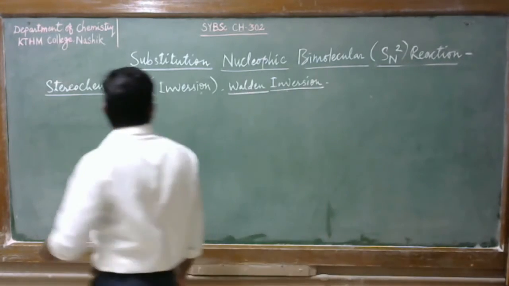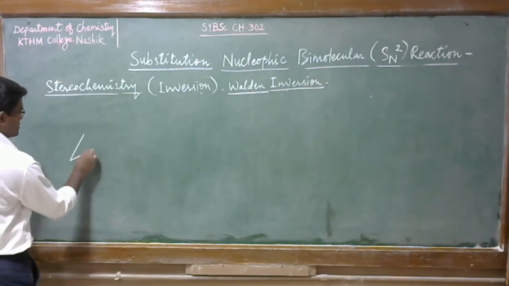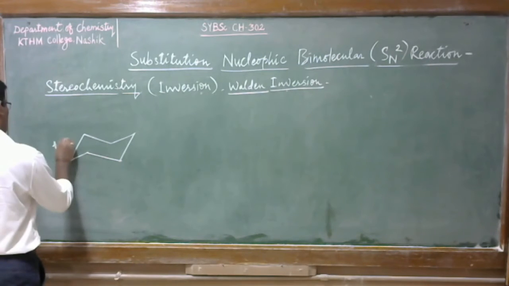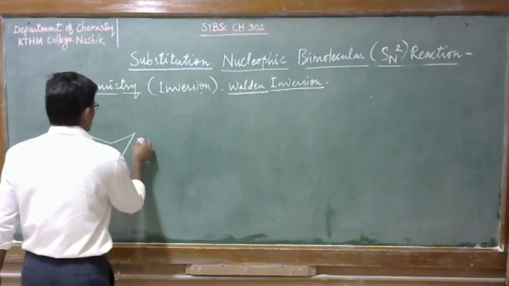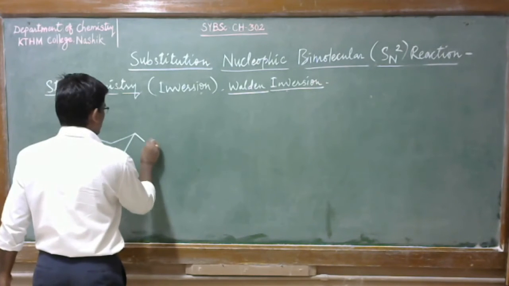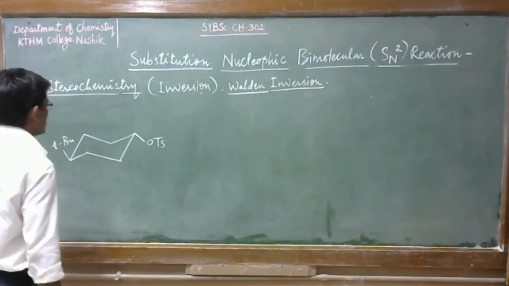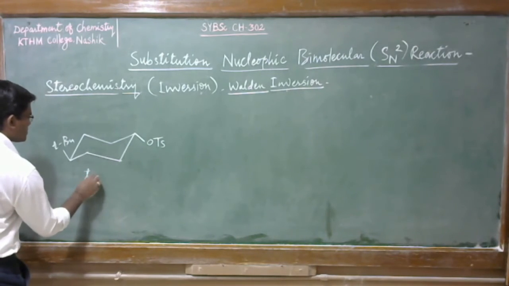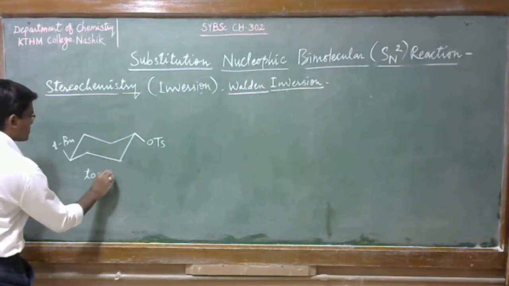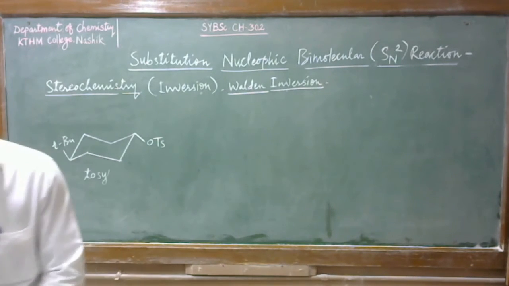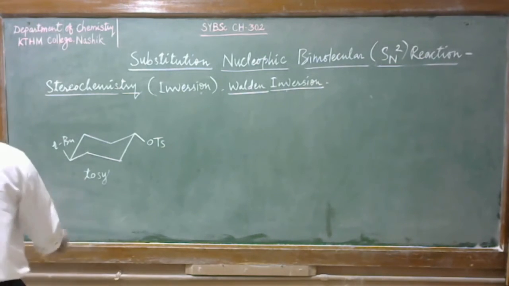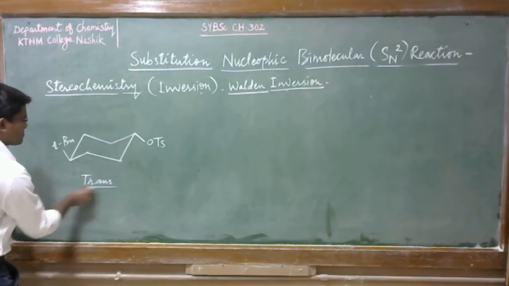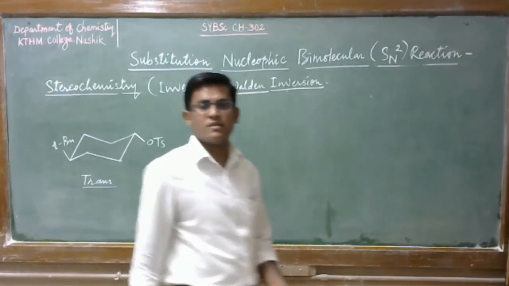So for example, when you have the substrate, this is the trans tosylate derivative.